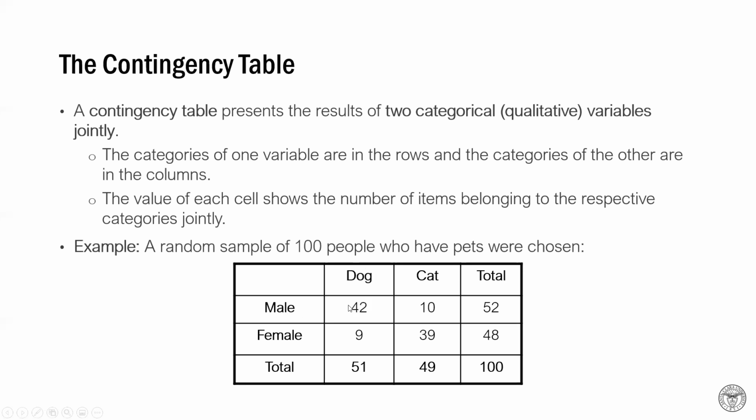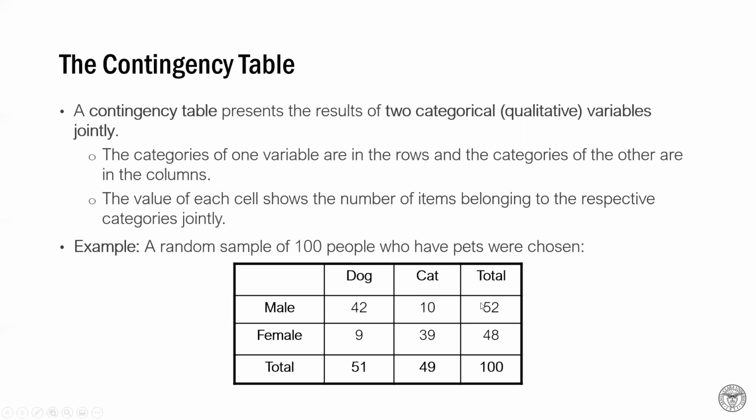For this cell, in this table, for example, we have the genders as the variables for the rows, and the type of pets as the variables for the columns. In the first cell, we have 42 males who have a dog as their pet. In the second cell of the first row, we have 10 males having cats.